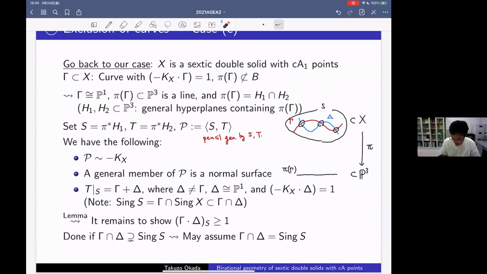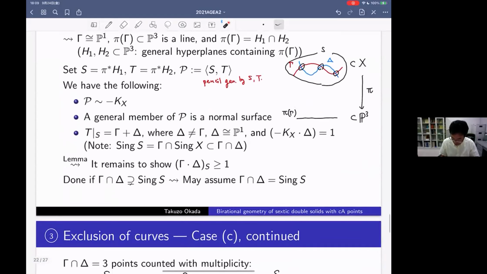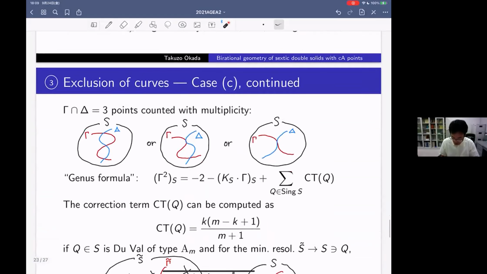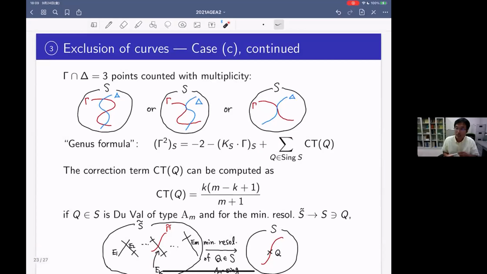So in the following, we may assume that all intersection points are singularities of S. We see that this intersection is 3 points counted with multiplicity.